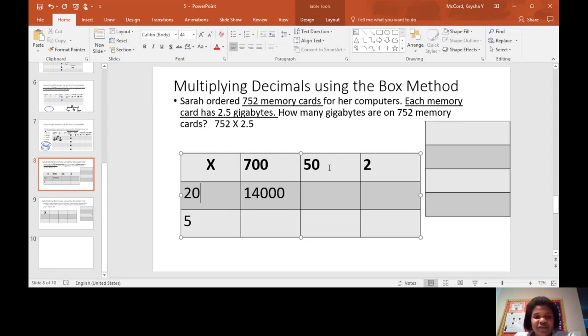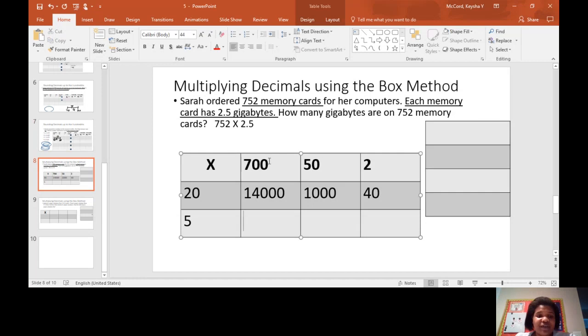Let's do 20 times 50. Well, I know 2 times 5 is 10, and then I add 2 more zeros. And then 20 times 2, well, 2 times 2 is 4, and I'm going to add a 0, 40.